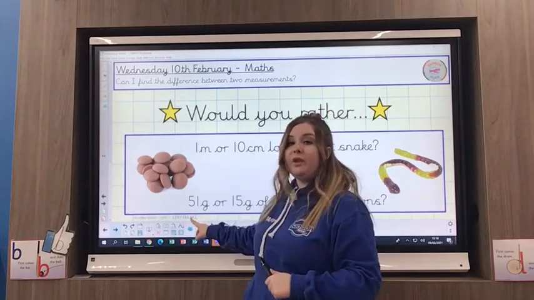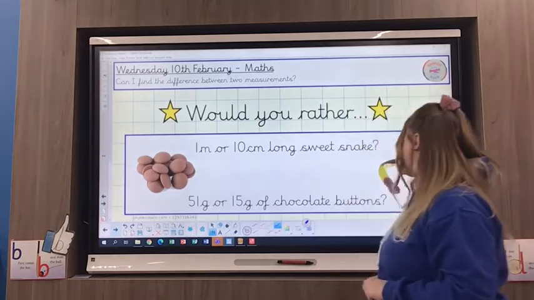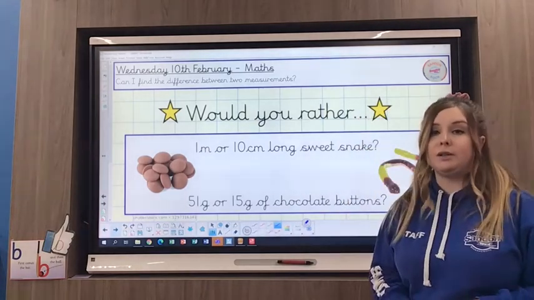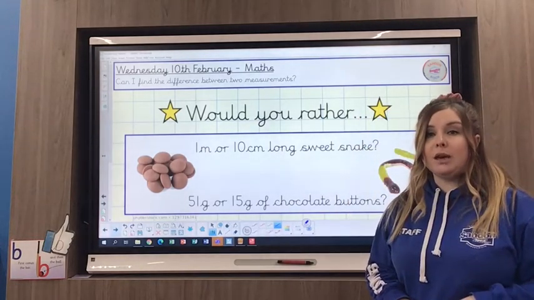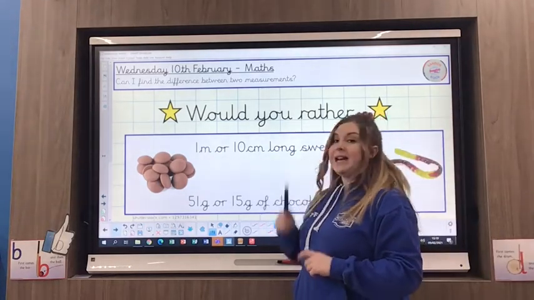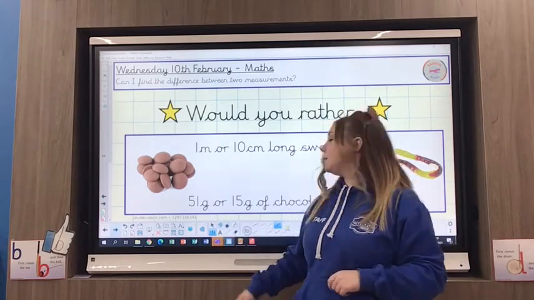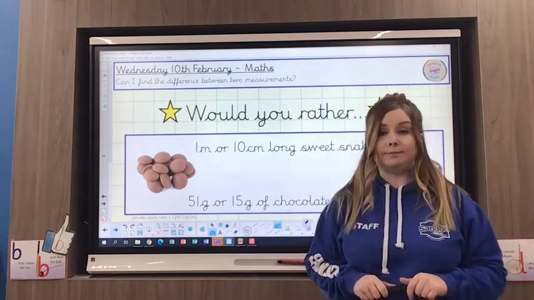Or would you prefer 51 grams or 15 grams of chocolate buttons? Okay, so think about the amounts. Would you prefer 1 metre or 10 centimetres? Or would you prefer 51 grams or 15 grams?